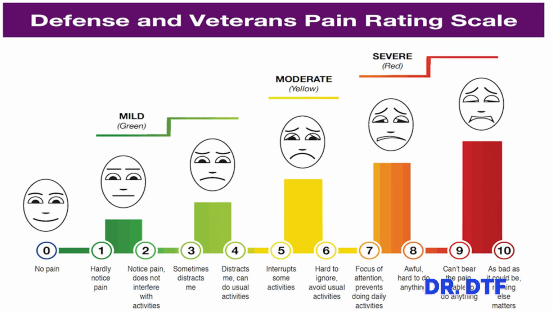And by the time you get up to 7, going up to 10, you start getting into severe pain. So this, as I said, is very semi-objective, but still very useful as a guide for assessment of the patient.